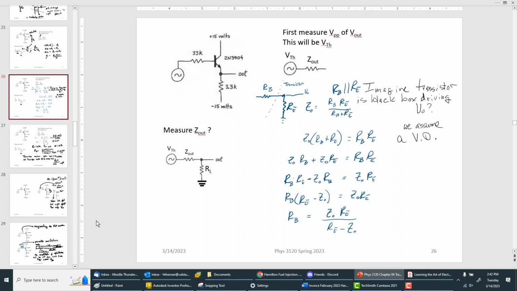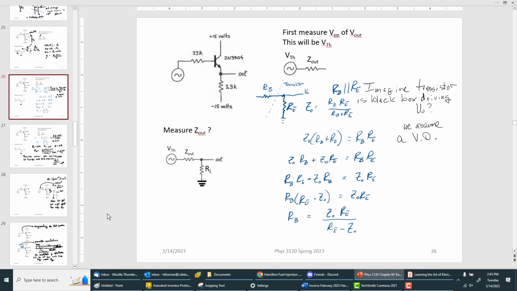So now what we do is we kind of think of the transistor as, I said black box, but yeah, we can assume that the transistor is kind of a black box. And we're going to assume that it must be a kind of a voltage divider.